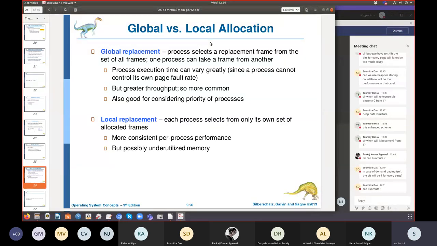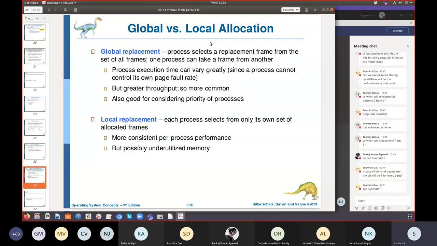Or can it be that because process PI had a page fault, the OS replaces some page of process PJ? So the question is, if some process PI needs a new page in memory, will a page of the same process only be replaced, or can pages of other processes also be replaced?